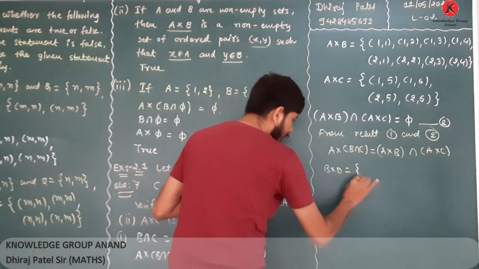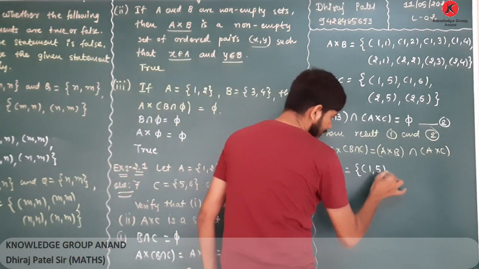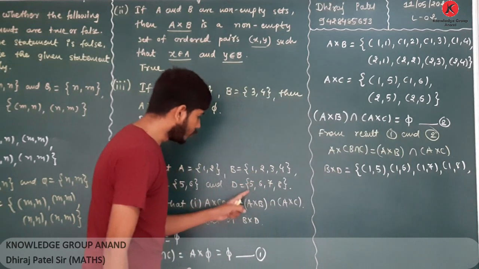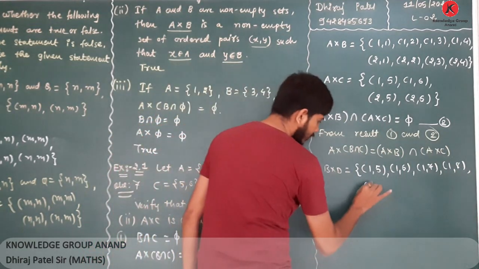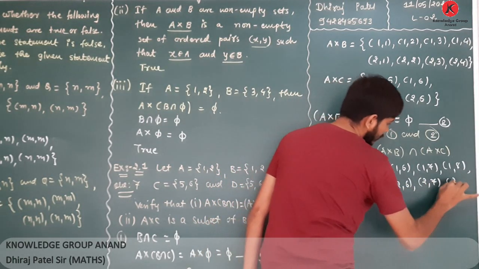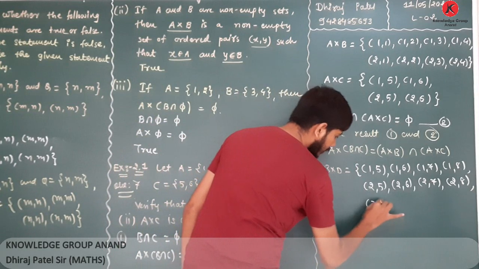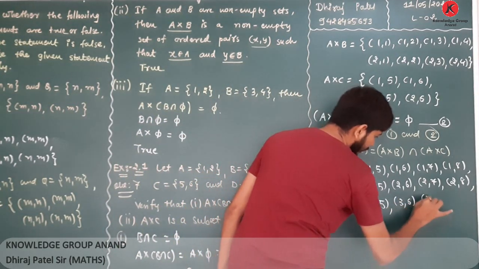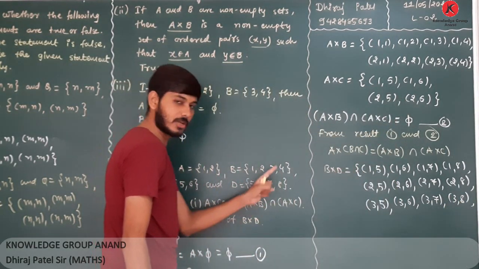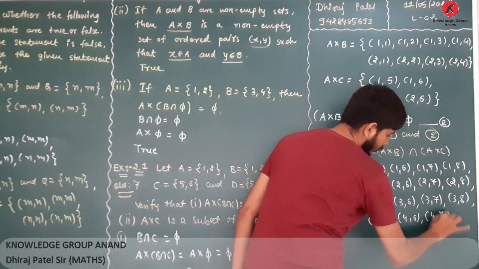Write down all these 16 ordered pairs: (1,5), (1,6), (1,7), (1,8), same as (2,5), (2,6), (2,7), (2,8), then (3,5), (3,6), (3,7), (3,8), and (4,5), (4,6), (4,7) and (4,8).